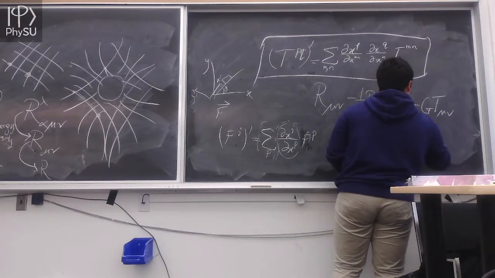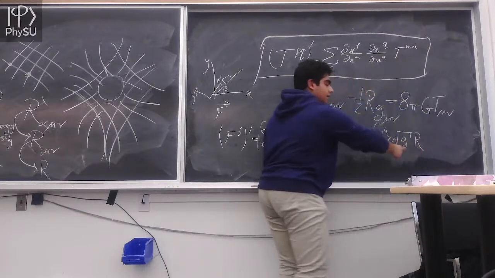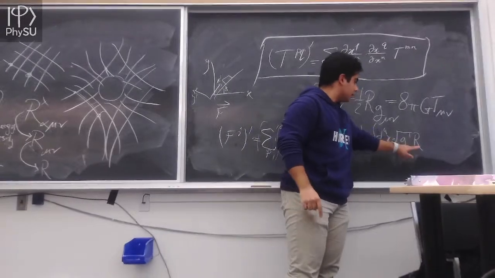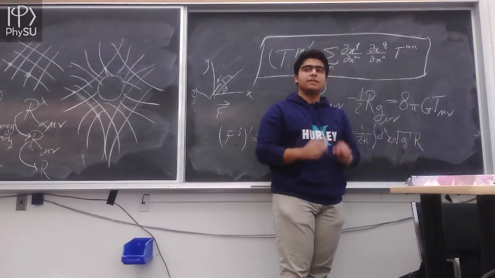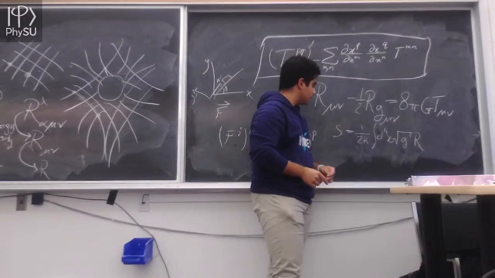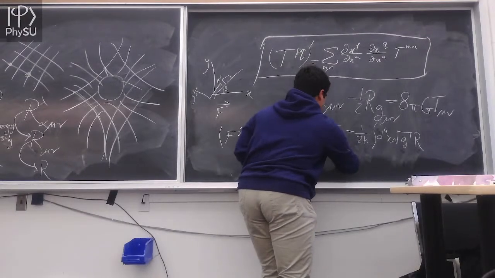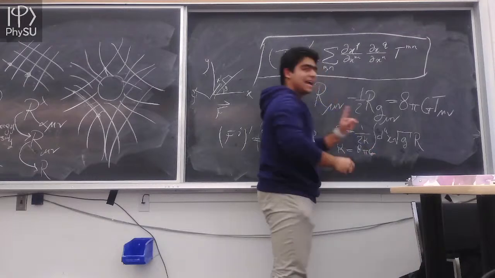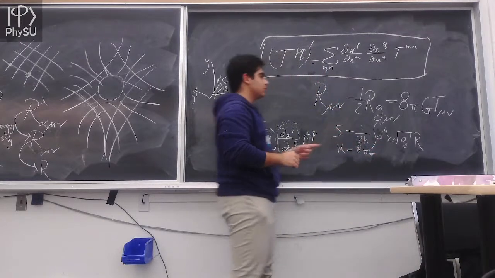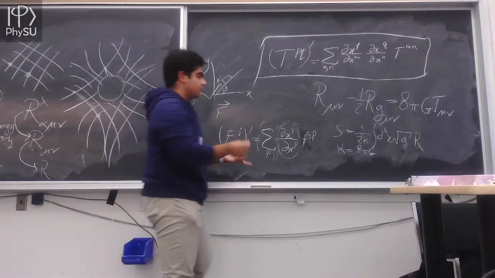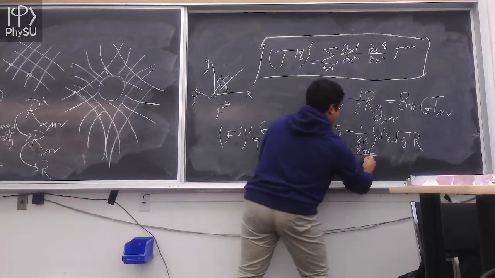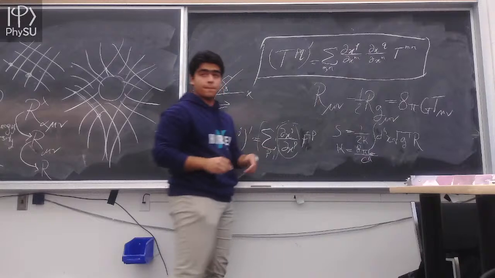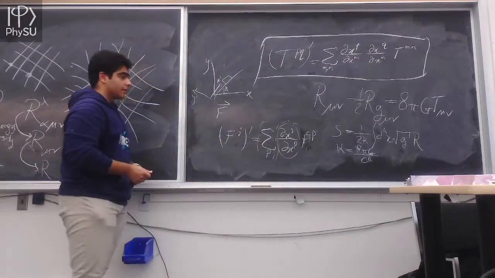So here, R is the curvature scalar, g denotes the determinant of the metric tensor. And kappa here is 8 pi G. Of course, this is in natural units, where c is equal to 1. But if you were to not do it with natural units, then you'd have a factor of c to the 4 here.